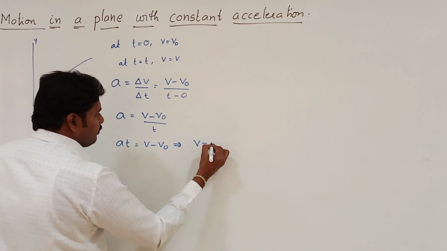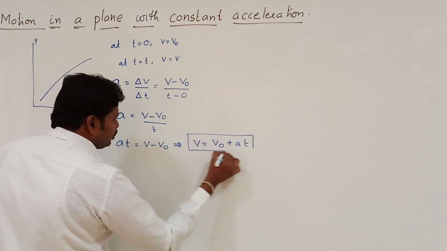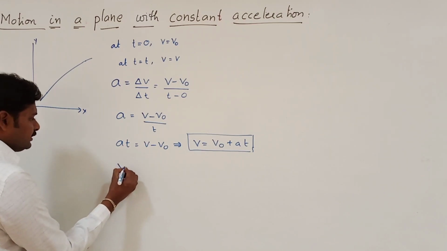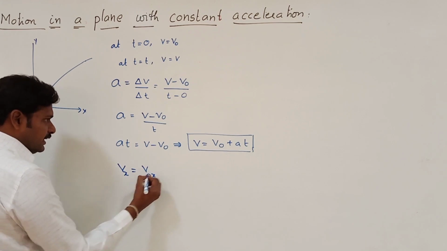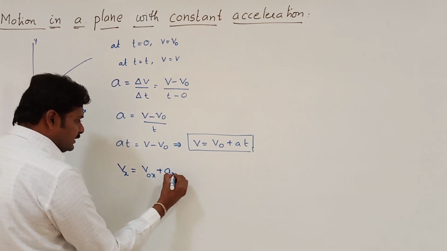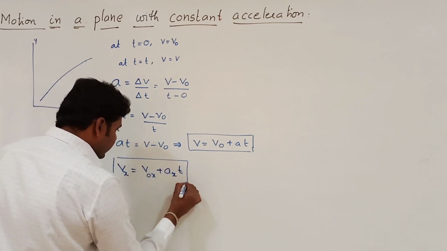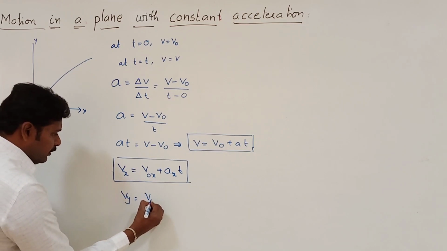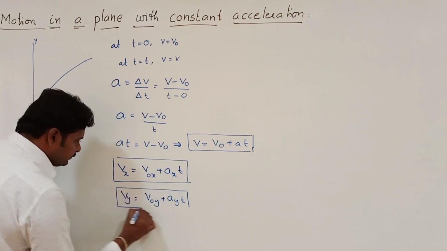Now v is equal to v naught plus at. Here this is two dimensional. We can categorize into two components: vx is equal to v naught x plus ax t, and vy is equal to v naught y plus ay t. In the x and y directions, t remains the same.